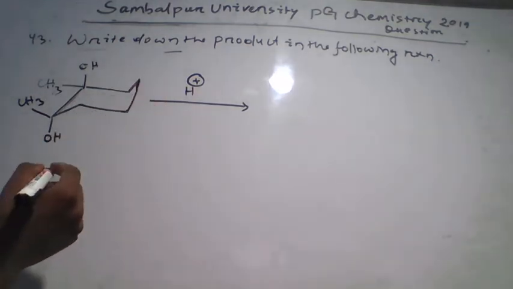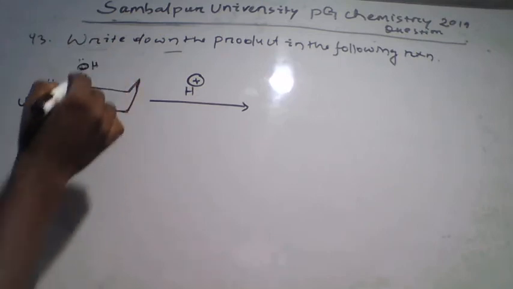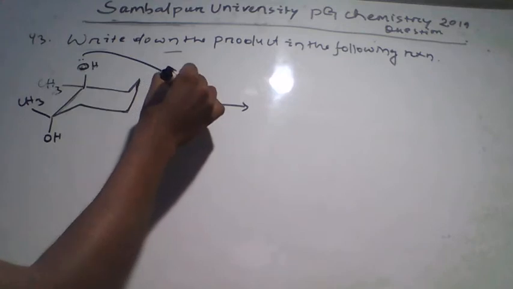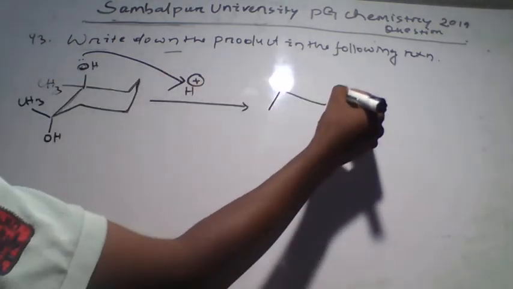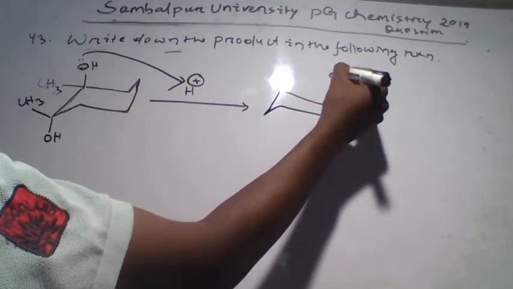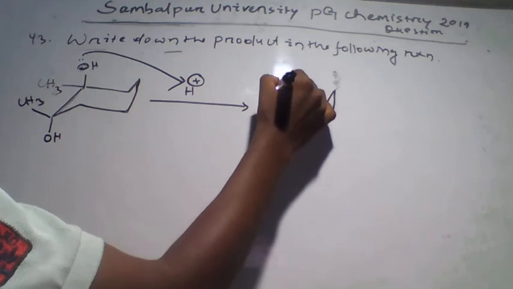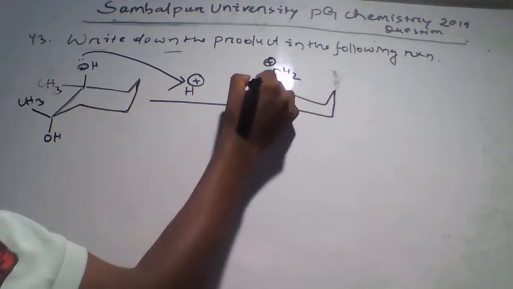See here, this is your oxygen, and oxygen has a lone pair, and it can easily extract this proton. See here what is happening. This is your OH2 with positive oxygen.